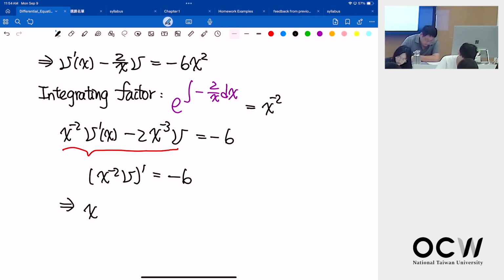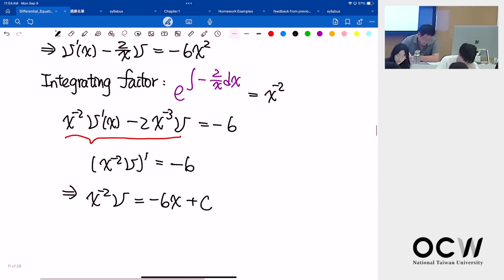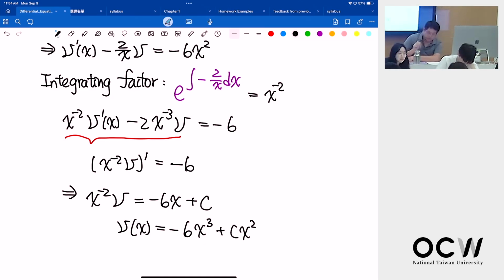So x to the minus 2 mu will be minus 6x plus constant c. Then your mu is minus 6x cubed plus cx squared. That is only your mu.